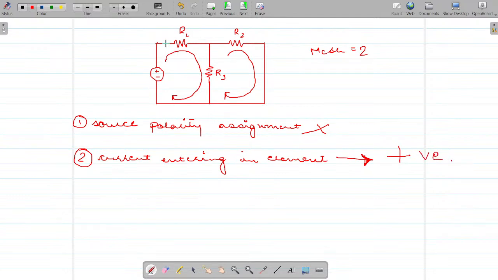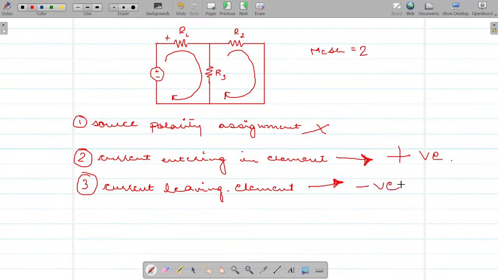See, this is the direction of the loop, so the current is entering from this side, and this will be positive. Point number 3: when current is leaving an element, what is the assignment of sign? Negative.